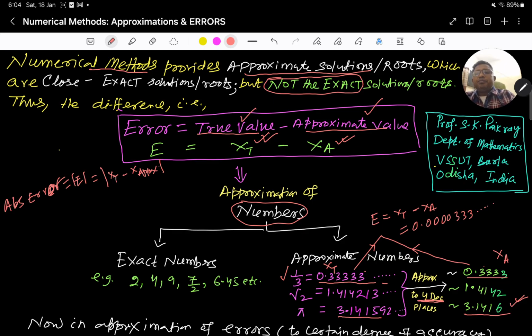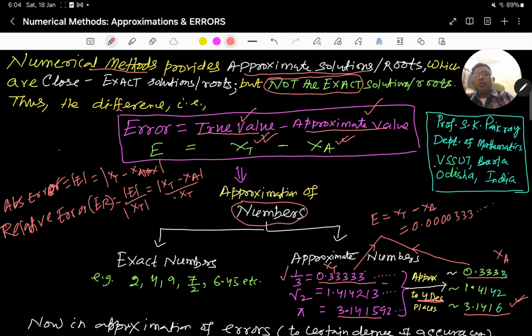Now coming to the relative error. We denote it ER. So this will be the absolute error divided by the true value magnitude. So this is modulus of xt minus xa divided by modulus of xt, right?